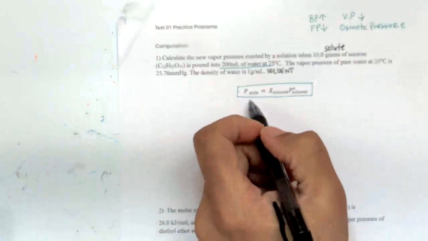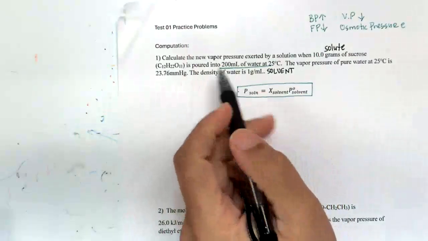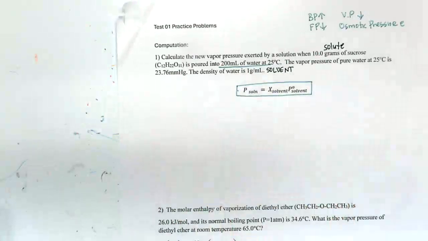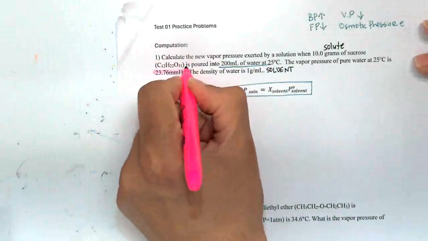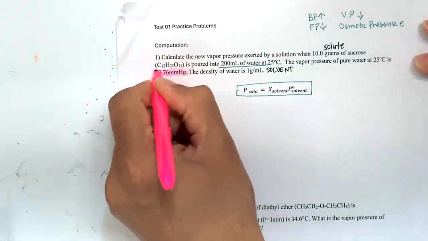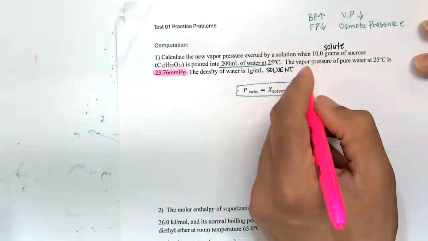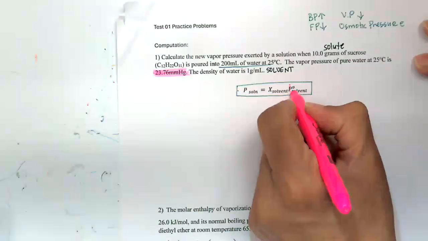So here's the new vapor pressure of the solution. The vapor pressure of water by itself is 23.76 millimeters of mercury. That's going to be the vapor pressure of the solvent alone.